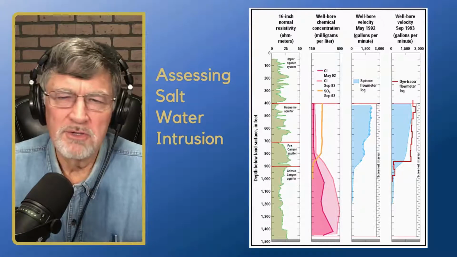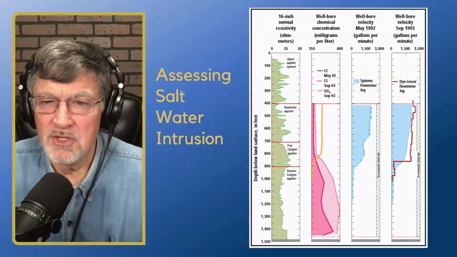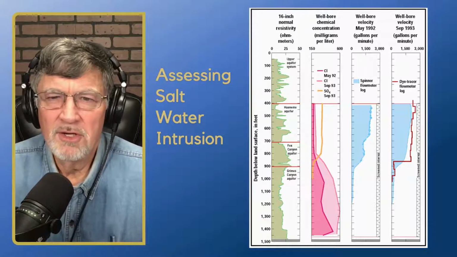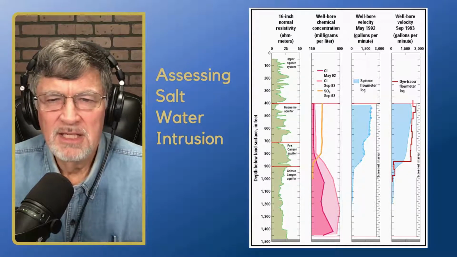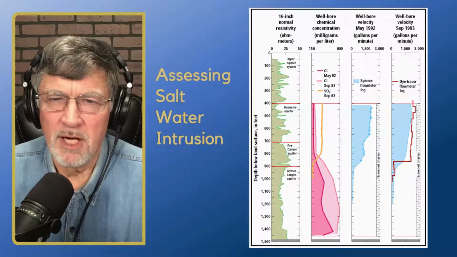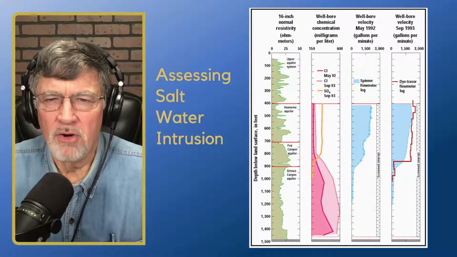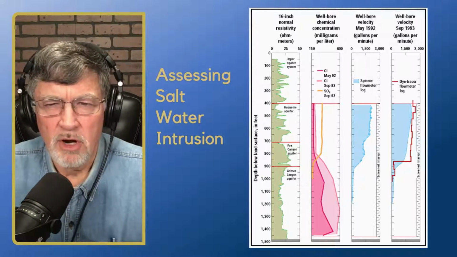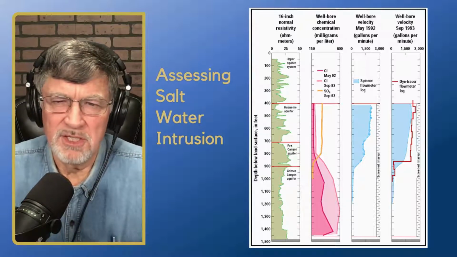Assessing saltwater intrusion. Here's another study that the USGS did in California. Going from left to right, on our left hand side, we have our resistivity. Once again, we can see where our productive zones are based on the resistivity.